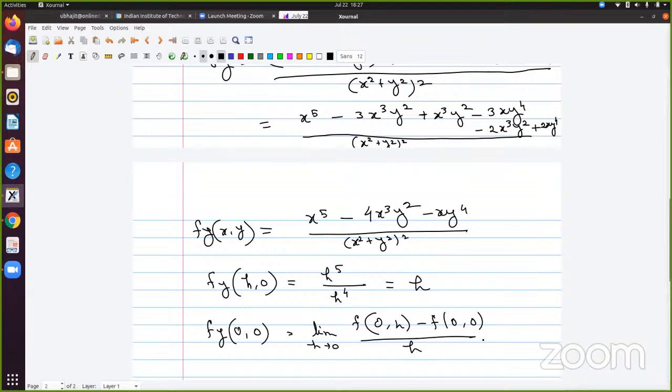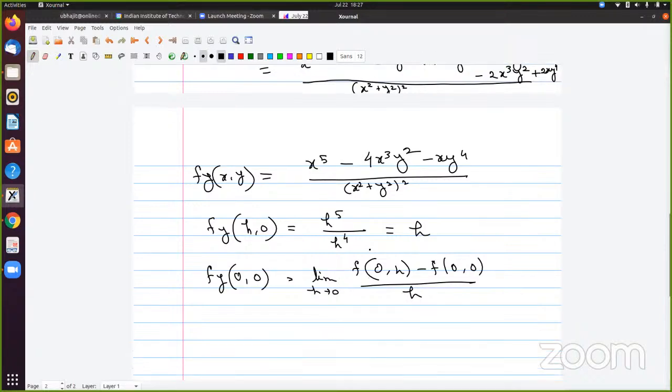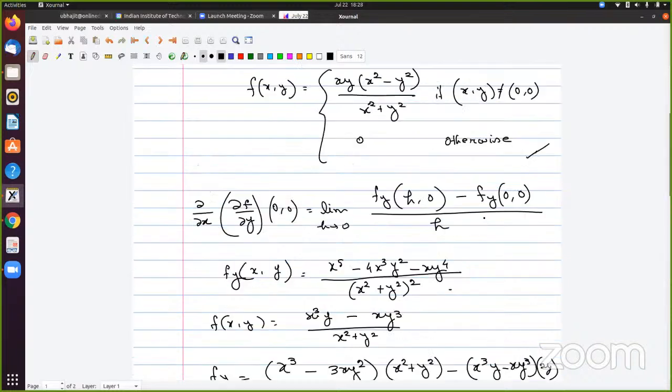So f of 0 comma 0 is 0, because that's what we have defined here. F of 0 comma 0 is 0, and 0 comma h is also 0, right? If you substitute 0 comma h, it falls under this condition. So this is eventually 0.